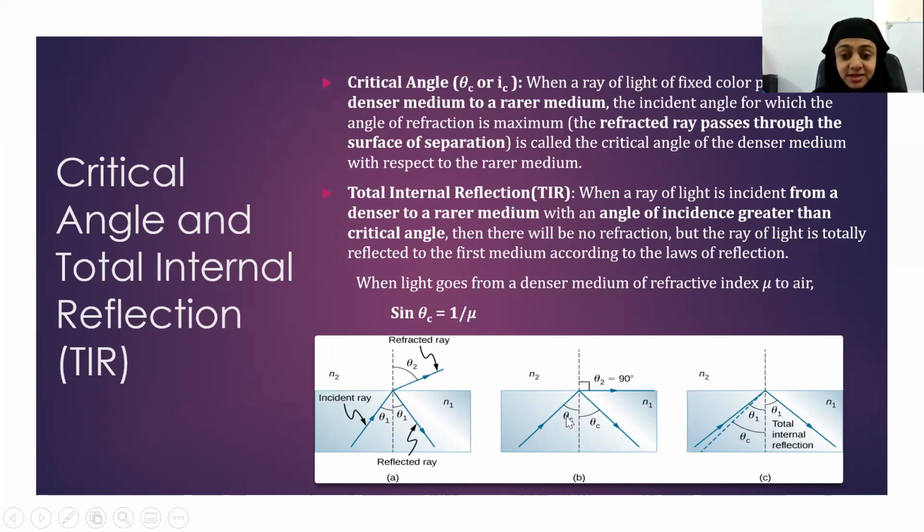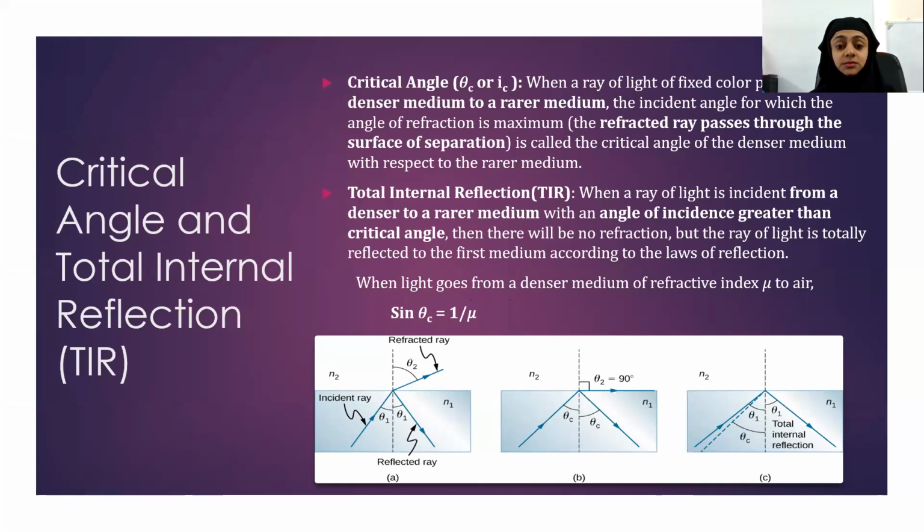Theta c is the angle in this medium and the refractive index is mu. So mu into sine theta c will be equal to the refractive index of air, which is 1, into sine 90, which is also 1. So on the other side, it will be 1 into 1. So mu sine theta c will be equal to 1, or sine theta c will be equal to 1 by mu. Is this equation clear to you?